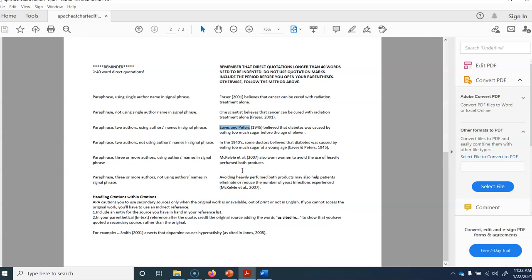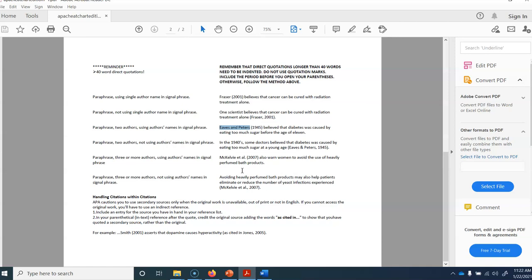If you're doing that, you're going to do a citation within a citation. And again, this is a little complicated, but it's easy once you get the hang of it. I should mention as well that APA says that you should try to track down the original where you can. But if you can't track down the original, you're going to do what they call an indirect reference.